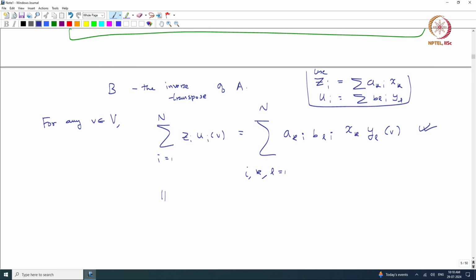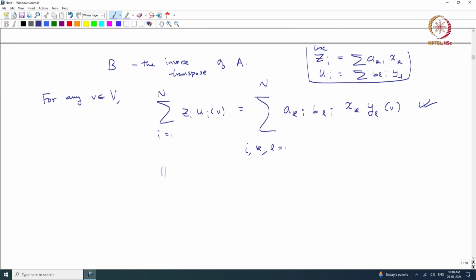So, if you run it over i, then this is exactly summation kl running over 1 to n of delta kl xk yl applied to v, which is exactly equal to summation xk yk of v, where k ranges from 1 to n.